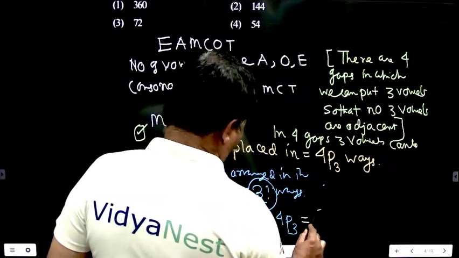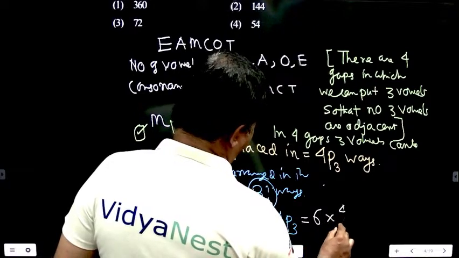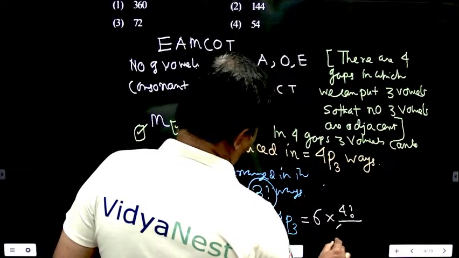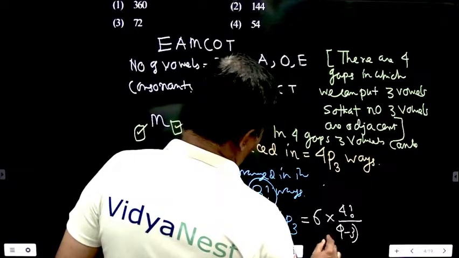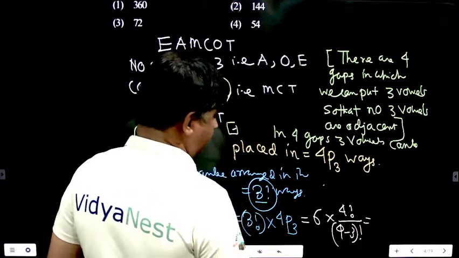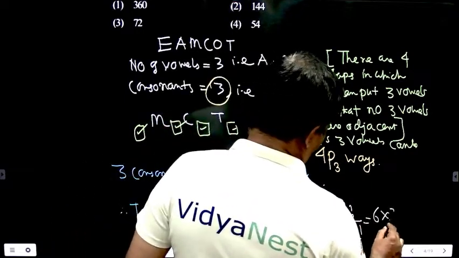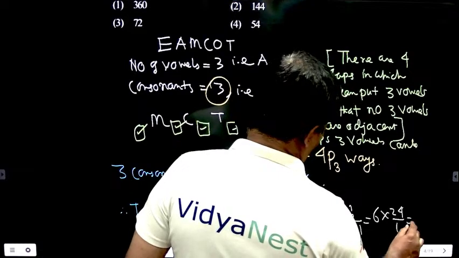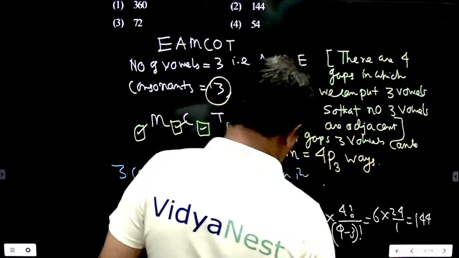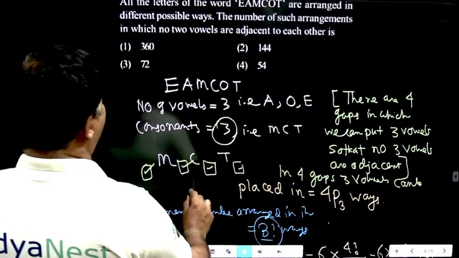Factorial 3 means 6. That gives 144. Observe whether it is matching with any option.